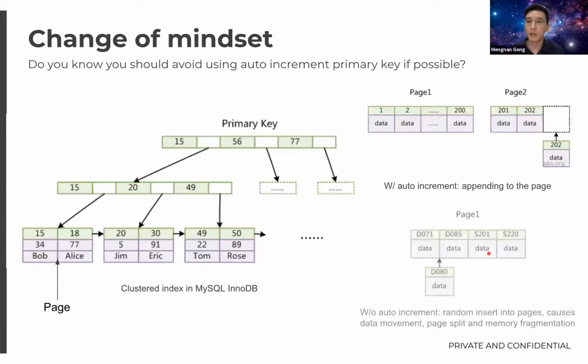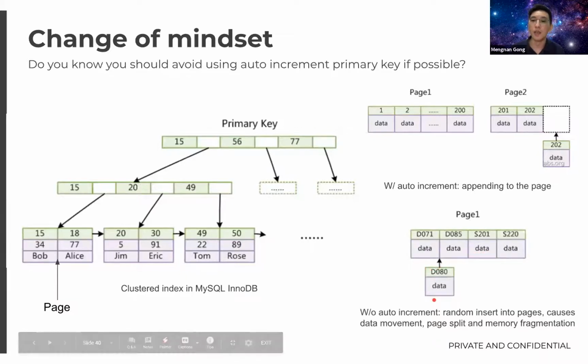But if you don't have one, and your data is randomly inserted into any of the pages, then you end up with data movement, and you might have to split your pages, and you might have memory fragmentation, because MySQL tries to read one page at a time to utilize the memory more efficiently. If your data is going anywhere, then MySQL needs to keep loading and offloading the pages, so it's really inefficient.